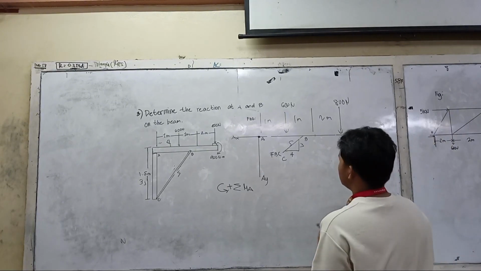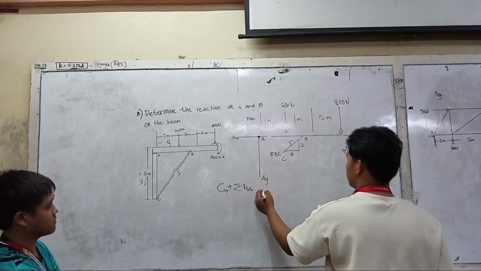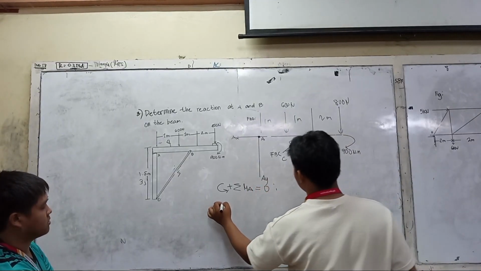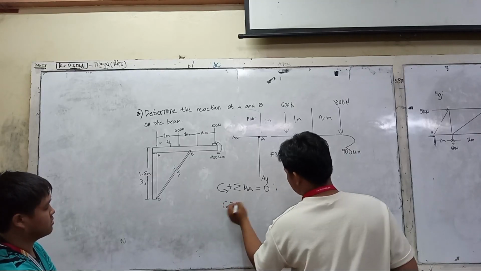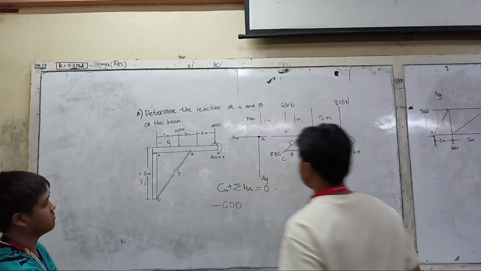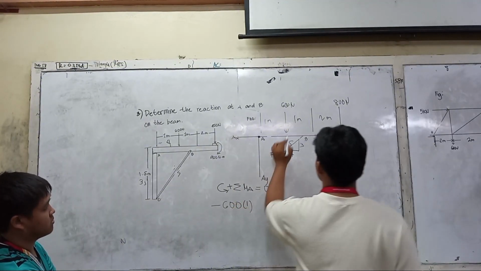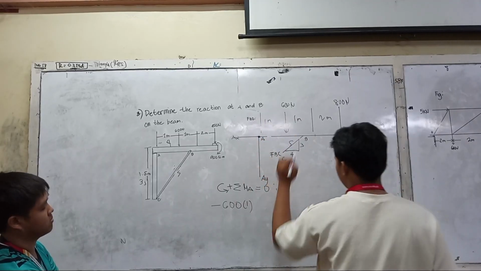So now we have here the negative 600 times 1, because the distance is 1 meter.